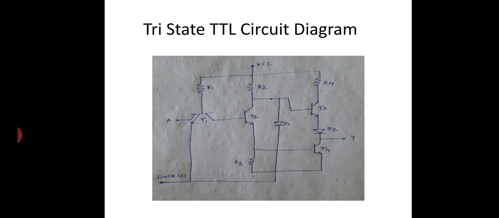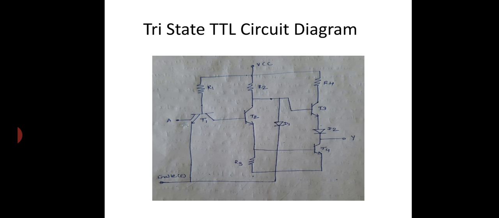The tri-state gates have additional circuitry via which the gate outputs can be enabled or disabled. This is very useful in digital systems where devices communicate via common wires called buses.